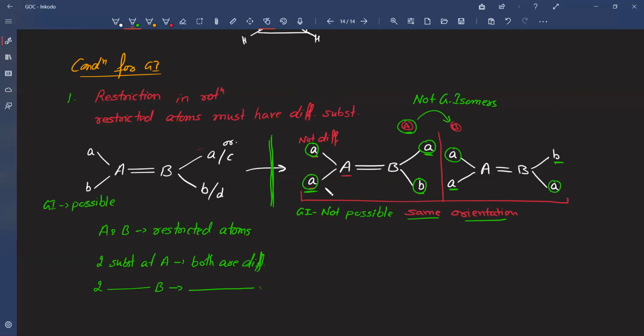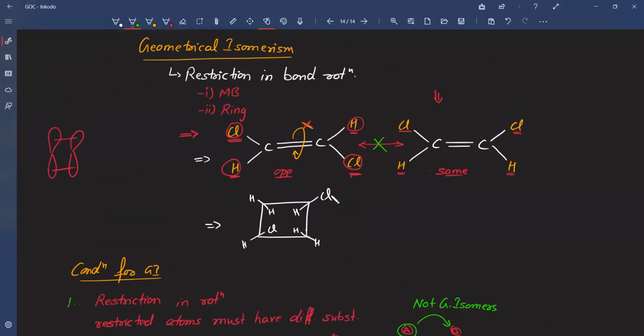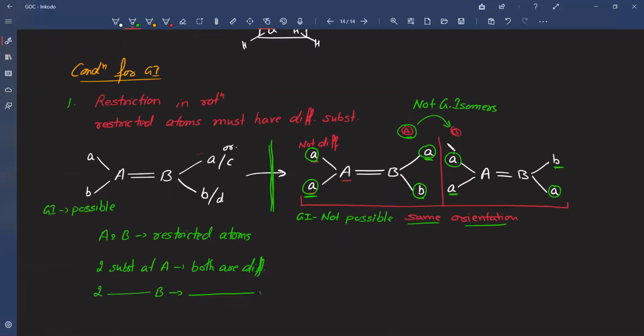Because when you say isomer, there has to be some differentiation between them, some difference between the two entities. So here what we see is structure A and structure B, or orientation A and orientation B. But maybe the way we have written it is different.